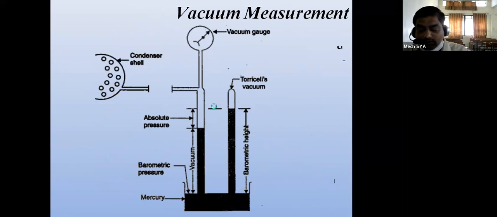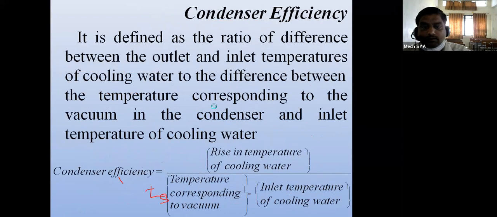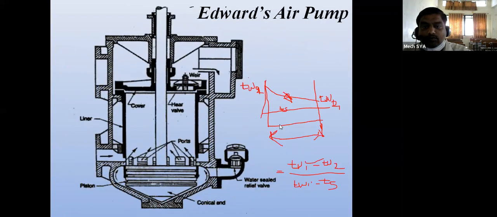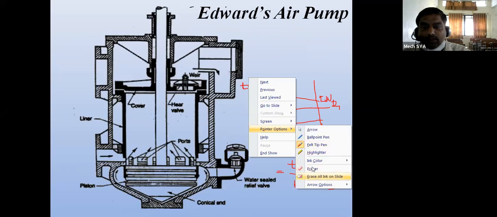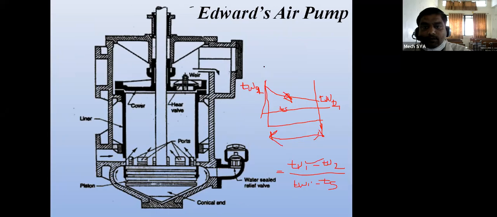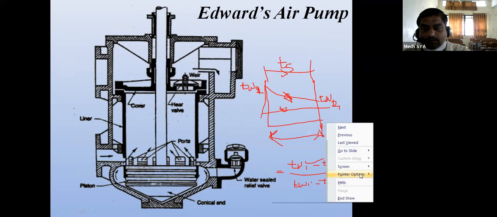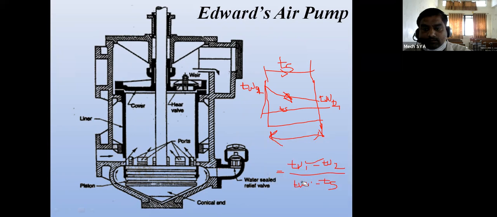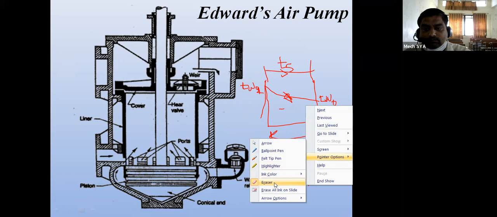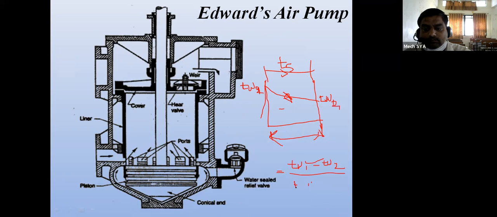We are completing the lecture, sorry. Here, TS, the temperature of steam, will be more than the cooling water temperature, so the TS line will be above. The temperature of steam will definitely be more than the cooling water temperature. So the maximum possible rise in cooling water is TS minus TW.